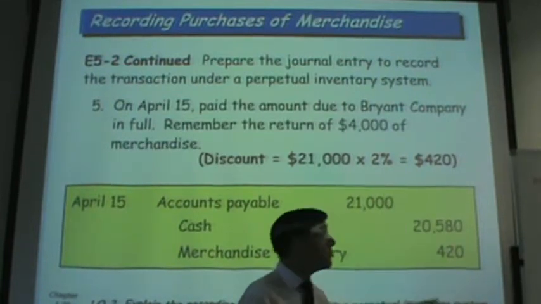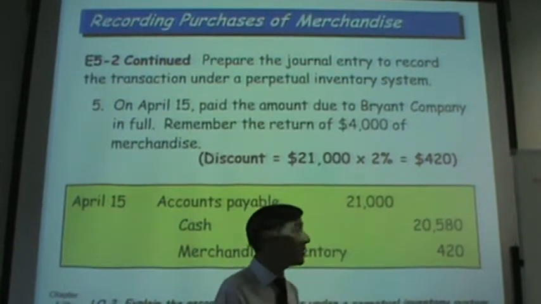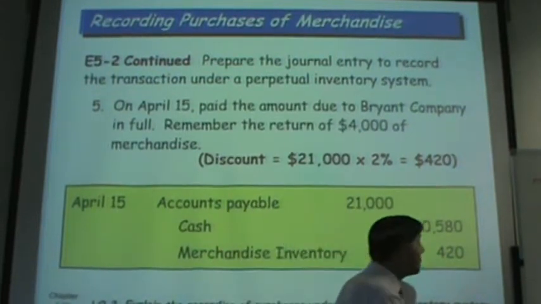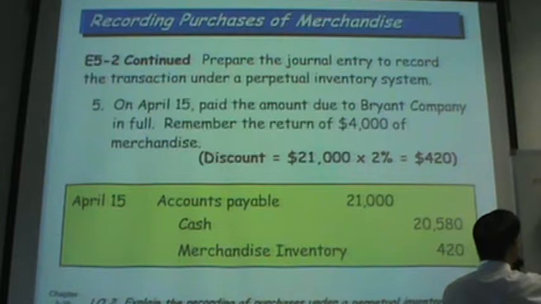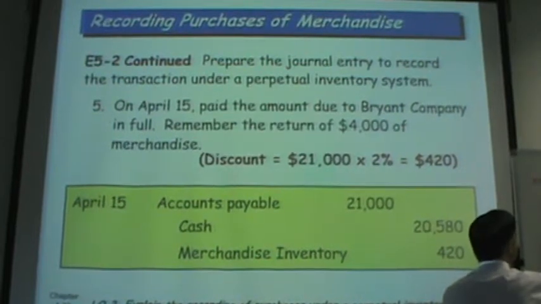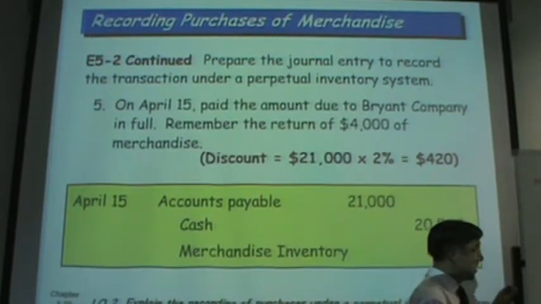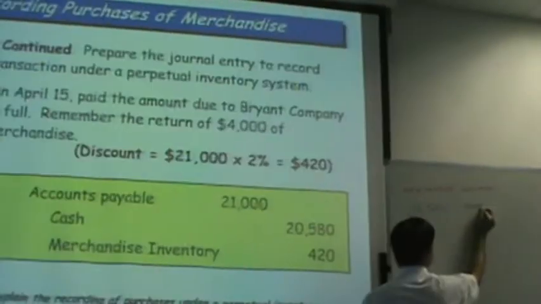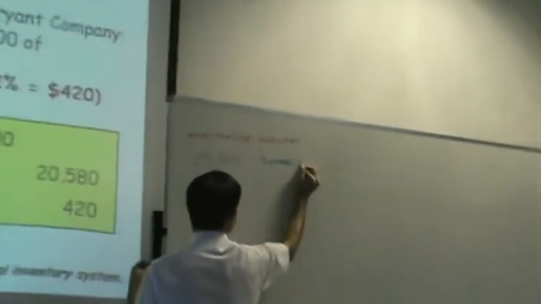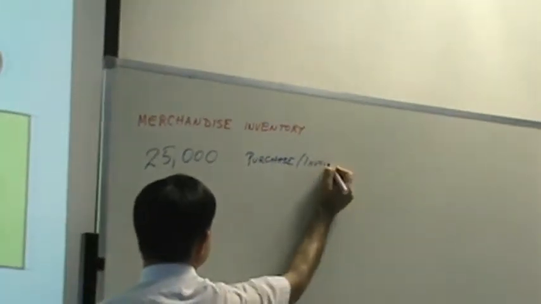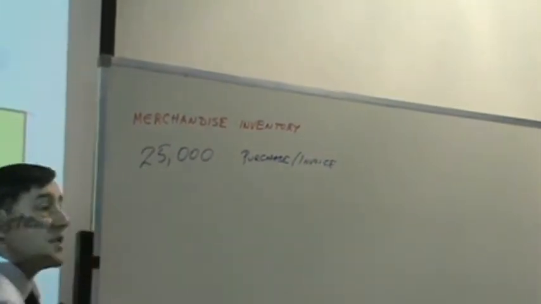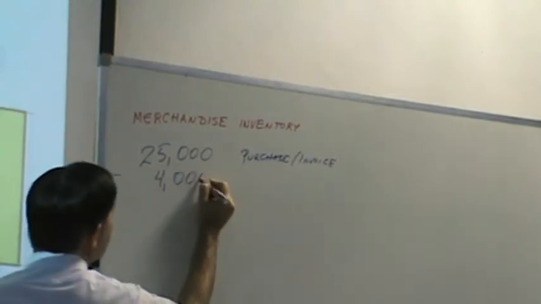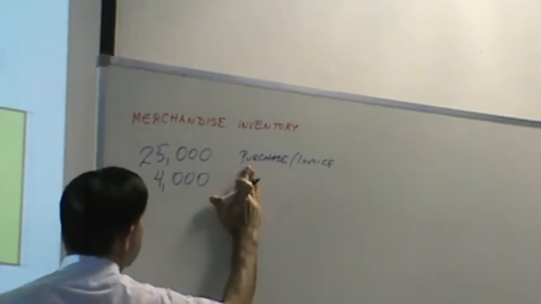On the board? Okay, well, it's written here in this particular case. So before you have 25,000, that's the original purchase price. Purchase, we say invoice. After that, you have 4,000 was the allowance.